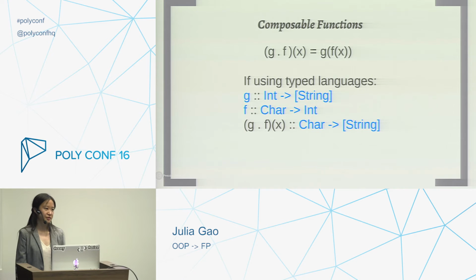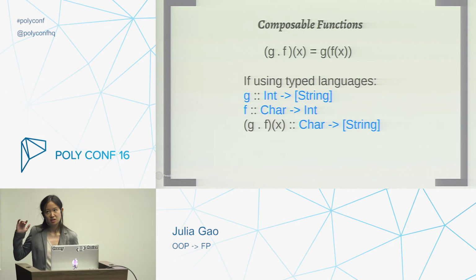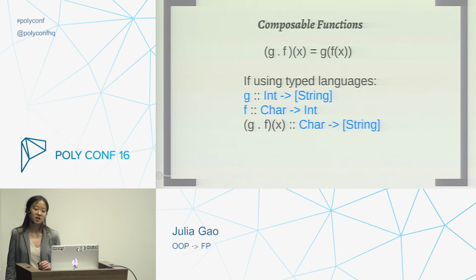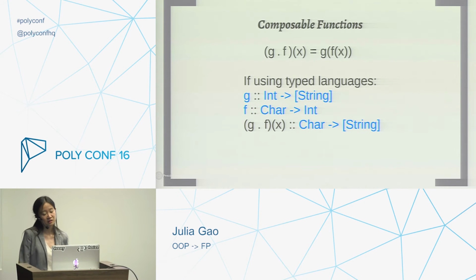And some functional programming languages have types, right? So types is actually just like you're saying this input or output type has to be an int or a string or so on. So let's say the G function takes an integer and then returns a list of strings, and then F takes a character and then returns an integer.